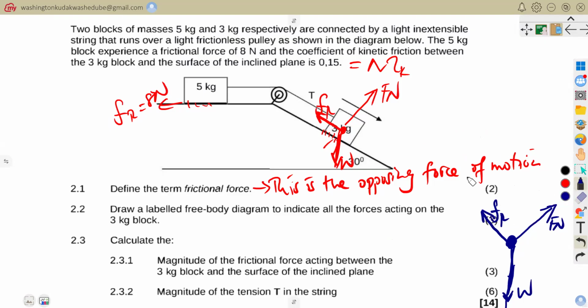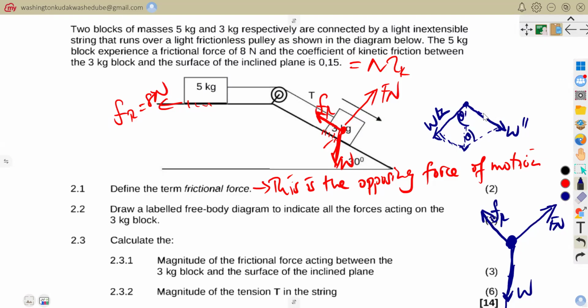Into their different components. This weight force, as it is going downward, is on an incline. You can resolve it into a parallel weight component and a perpendicular weight component. By resolving it like that, you would have your theta here, and then you would also have another theta here.